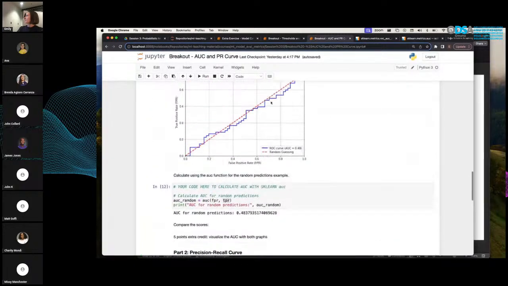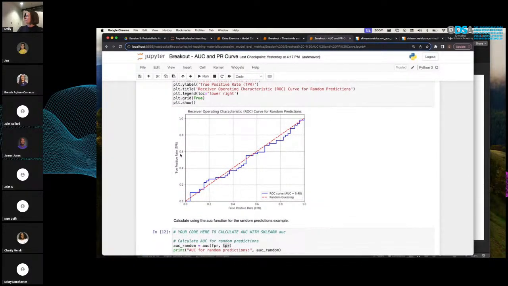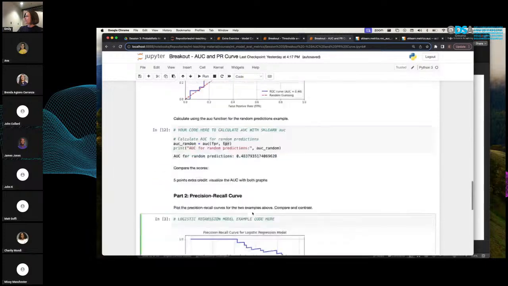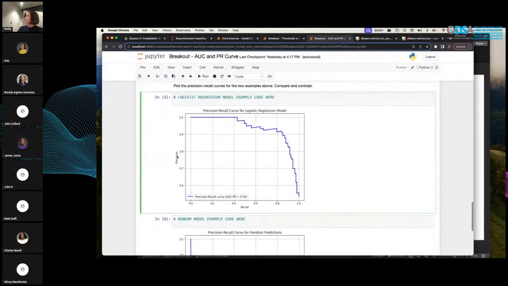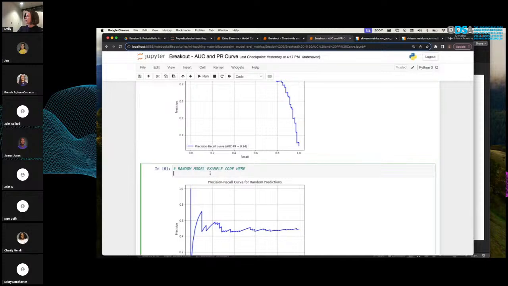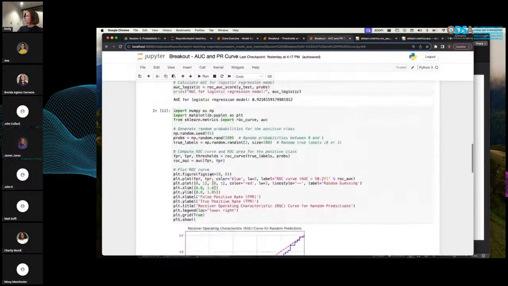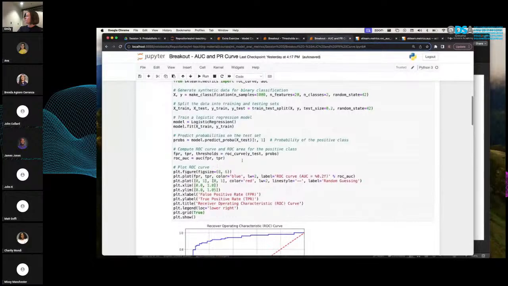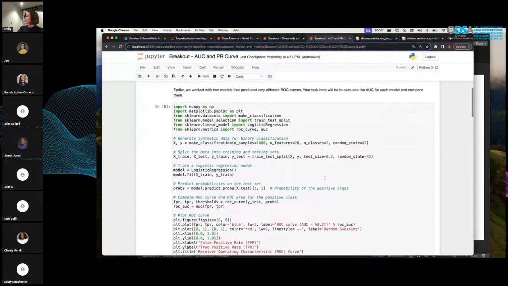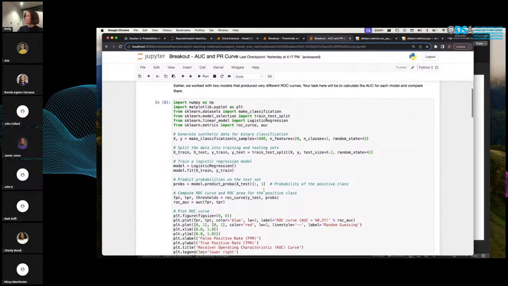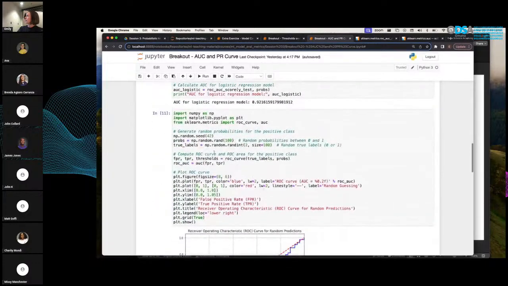Instead of plotting the true positive rate and the false positive rate, I'd like you to try to plot the precision versus the recall. Try to do that for our logistic regression example and our random model example. The logistic regression was this first block here. So try to do it for these model probabilities, and then for the random model probabilities as well.